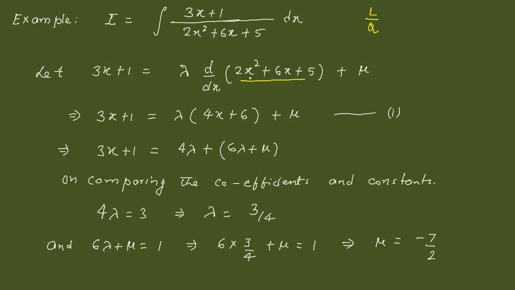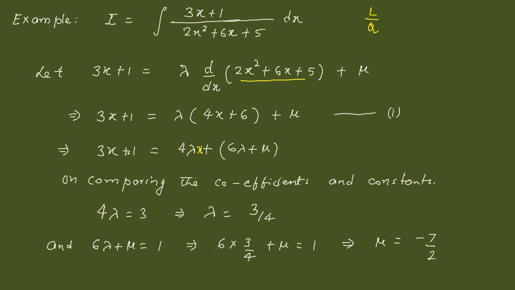After differentiating, we get 4x + 6. Collecting the coefficients of x and the constant term, we get 4 lambda x and 6 lambda + mu as the constant.